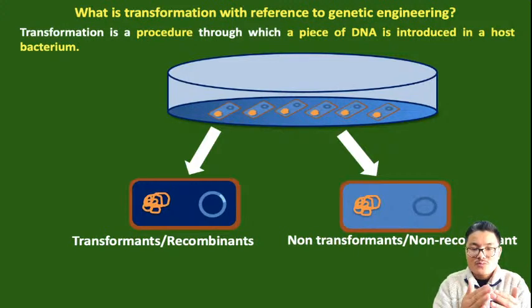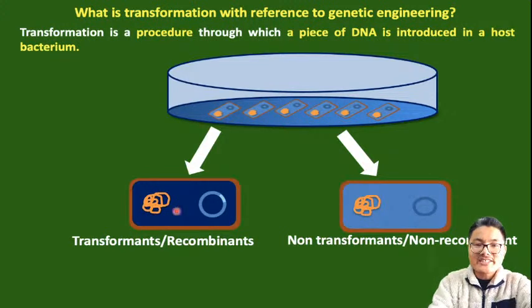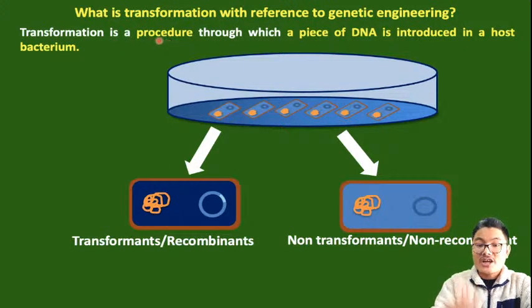Or to be specific, we can say that there is uptake of a piece of DNA, or there is introduction of a piece of DNA. Or we can even say that it is a procedure, a protocol, or a step through which we are trying to introduce a piece of DNA into the host organism. Here it is bacteria, as in genetic engineering we use bacteria most of the time.